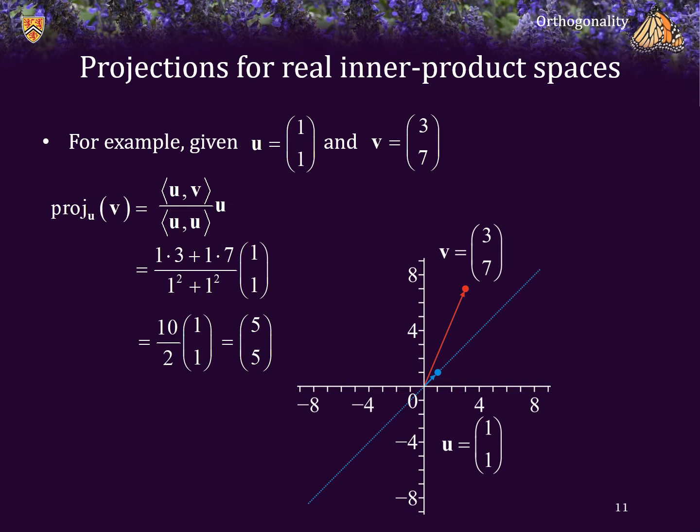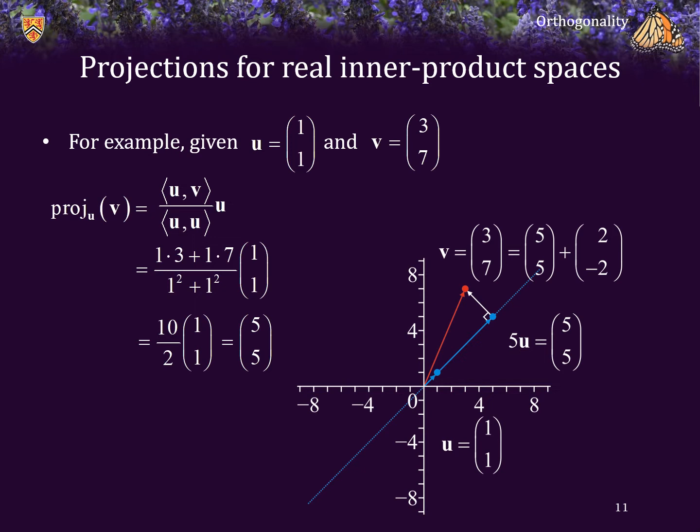Therefore, the best approximation of the vector 3, 7 as a scalar multiple of the vector 1, 1 is the vector 5, 5. Now, you can also note that the vector v is equal to 5, 5 plus the vector 2, negative 2.